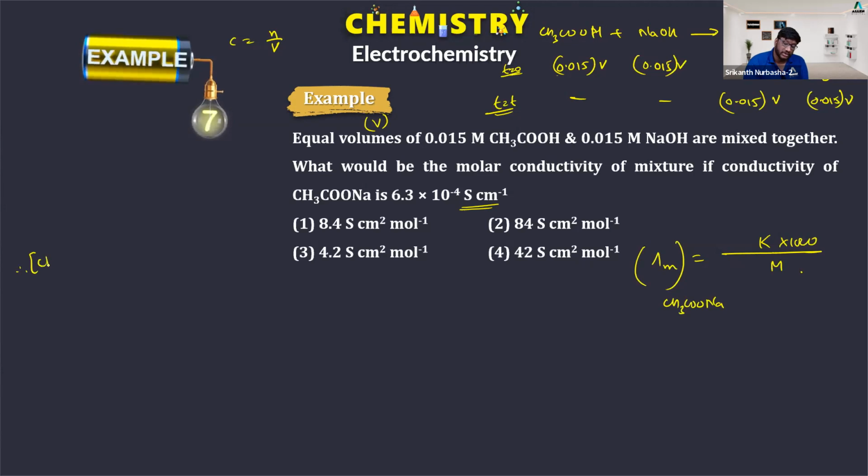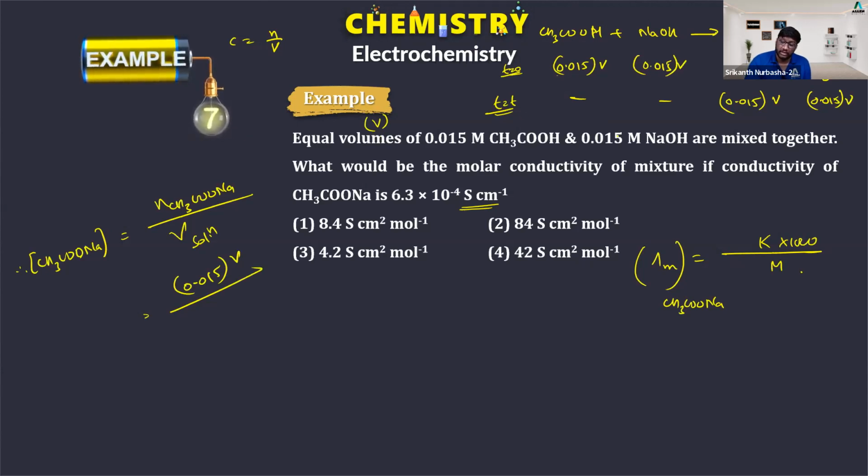Therefore, the concentration of CH3COONa is equal to the number of moles of CH3COONa divided by the volume of the solution in which it is present. What is the volume of solution? Number of moles is 0.015 into V. Volume of acetic acid is V liter, NaOH is also V liter, so the total is 2V. So V and V cancel, and 0.015 divided by 2 is the concentration of CH3COONa. So what is K?